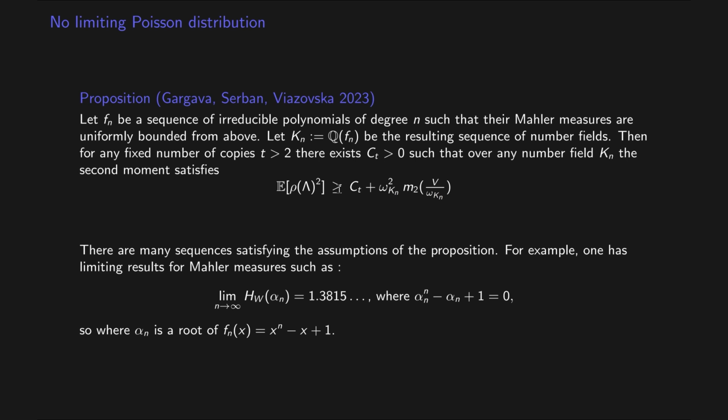As they defy the Bogomolov property, we can prove that the second moment for the number of points would be bigger by a constant than what we expect for the second moment of the Poisson distribution. So if we have these fields which have elements with a small Mahler measure, then we can show that there will be no Poisson distribution. The second moment would be too big.